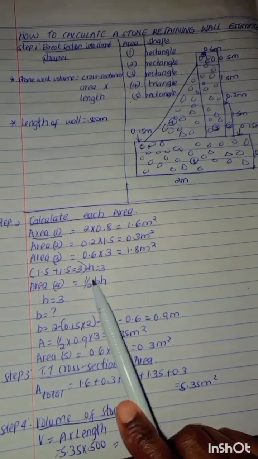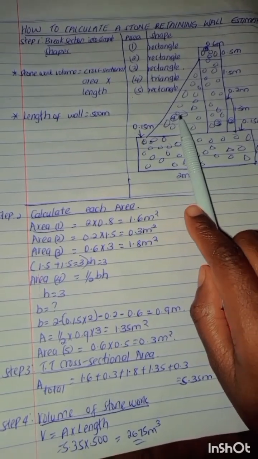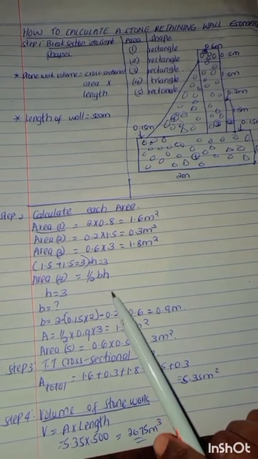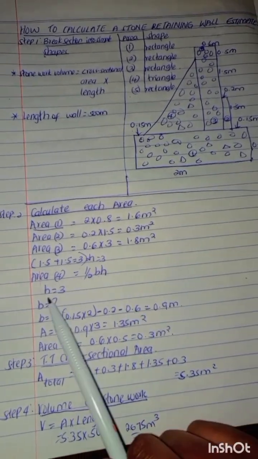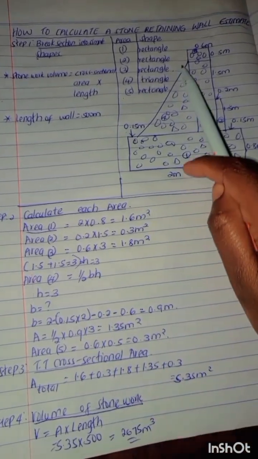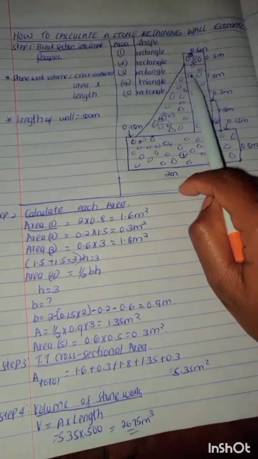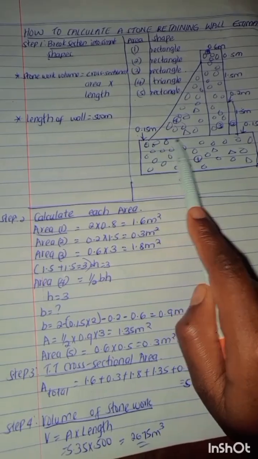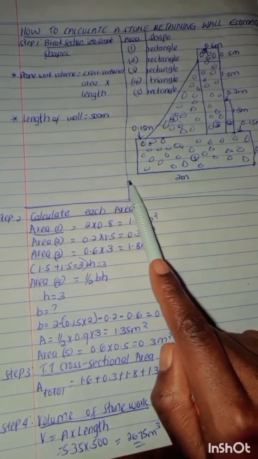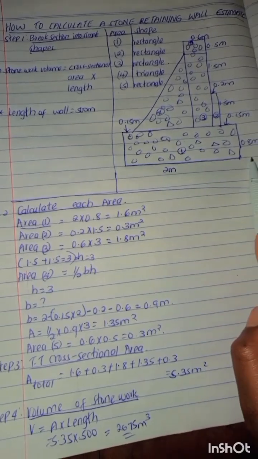So the fourth area, for this section, is a triangle, and you know the area of a triangle is half base times height. So we have here a height of 3. It's the same as this rectangle's height. And you're finding this base here. First and foremost, we know the whole length of this section is 2 meters.